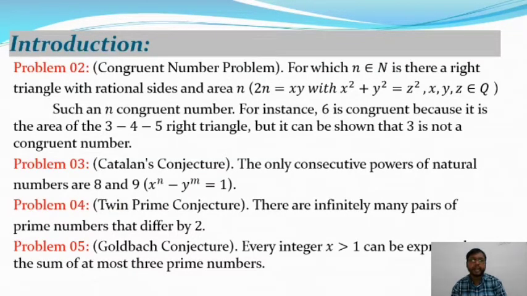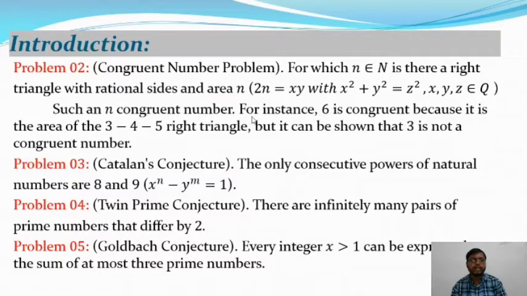So this is the second problem, the congruent number problem: for which n belonging to capital N is there a right angle triangle with rational sides and area n, where 2n equals xy, with the relation x square plus y square equal to z square, where x, y, z belong to the set of rational numbers.